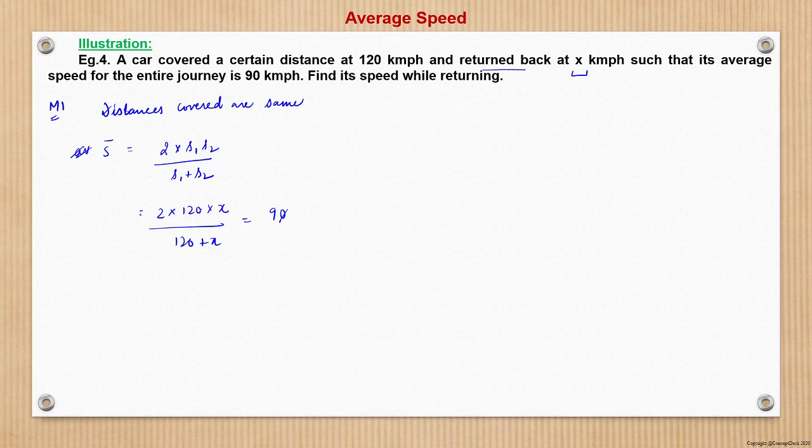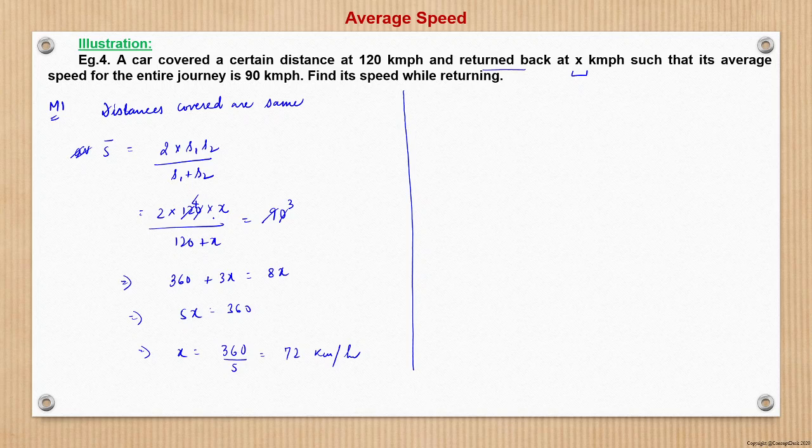So 3 times this will go, this becomes 4 times. So basically it becomes 360 plus 3x is equal to 8x. So therefore 5x is equal to 360. From here we can say x is equal to 360 by 5, which is 72 km per hour. This is method 1.